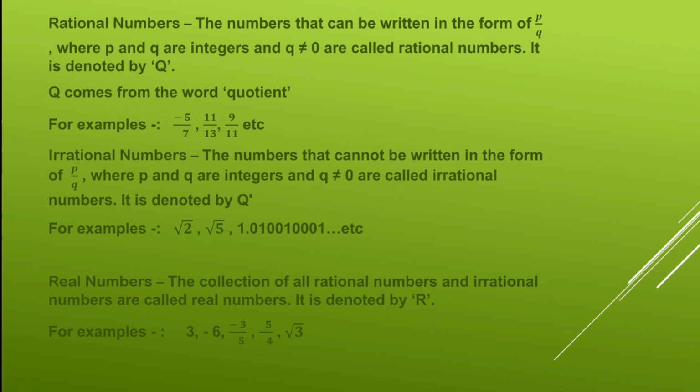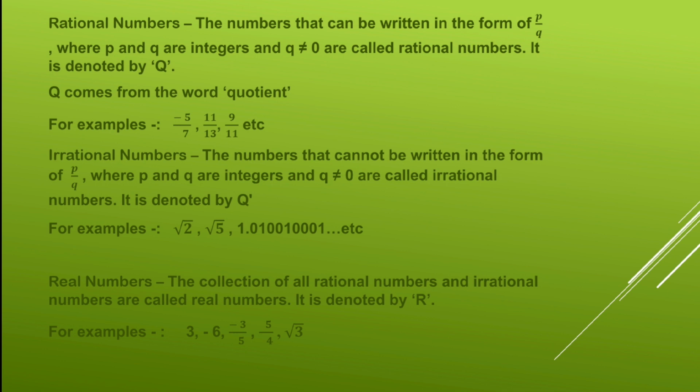All the natural numbers are rational numbers. All the whole numbers are rational numbers. All the integers are rational numbers, because you can put 1 in each and every denominator. So, if somebody asks you whether integers are rational numbers, yes, all the integers can be written in the form of P by Q by putting 1 in the denominator.